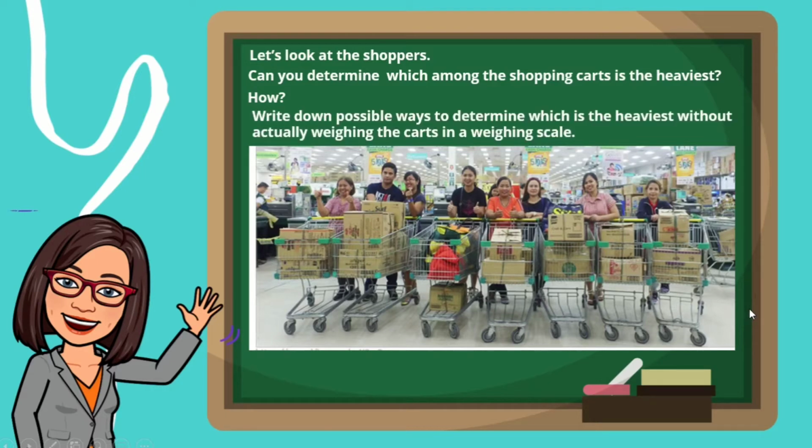Write down possible ways to determine which is the heaviest without actually weighing the carts on a weighing scale. So this is your challenge. You have to determine which among the shopping carts is the heaviest without actually weighing the carts on a weighing scale.